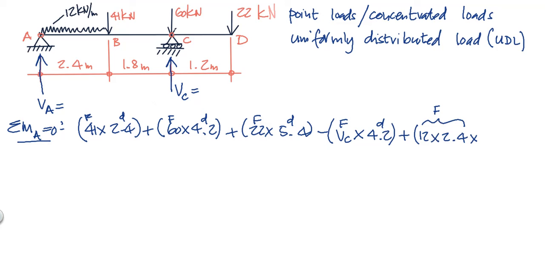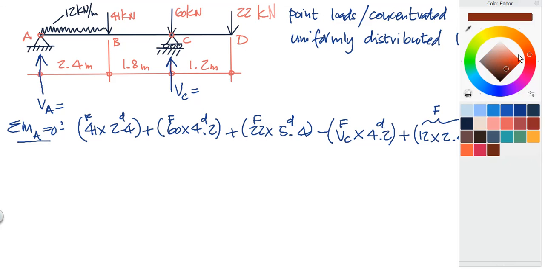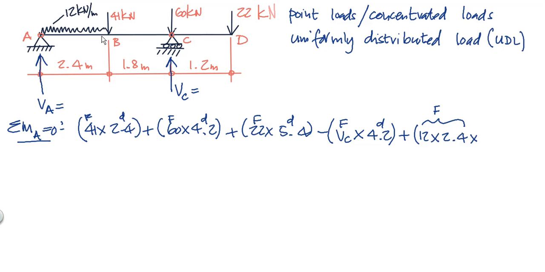The lever arm always acts through the center of the length of the load. I'll say that again. The lever arm for the UDL always acts through the center of the length of the load. So if that's 2.4 meters long, the distance from there to the point of rotation is 2.4 over 2. It is 1.2 meters.